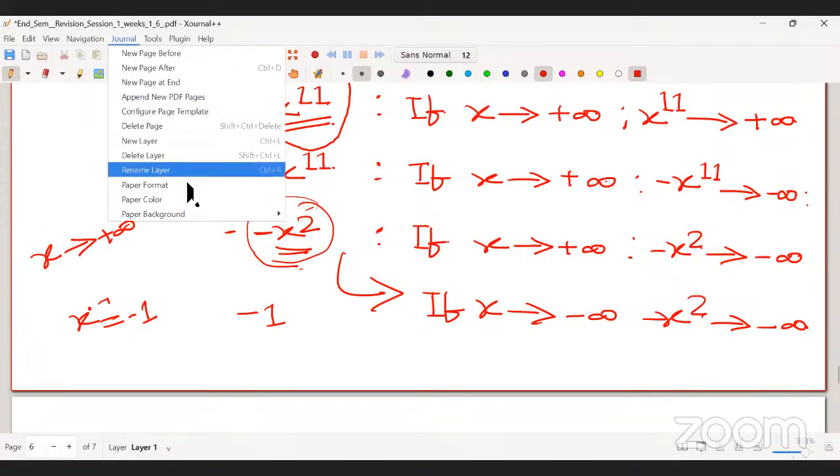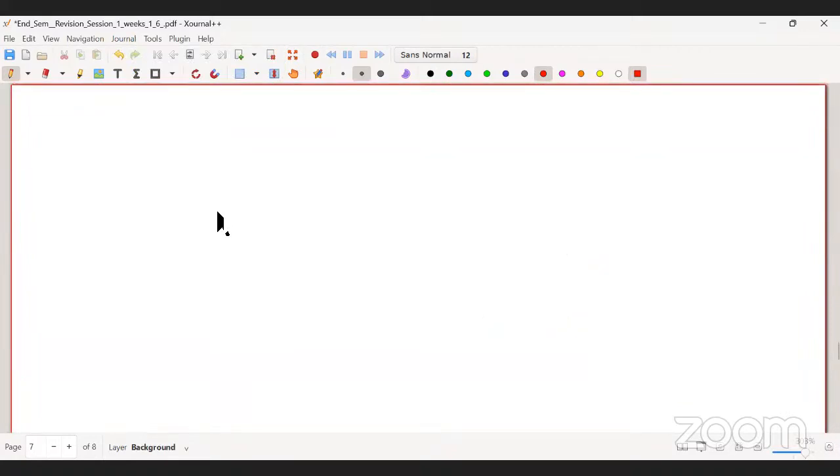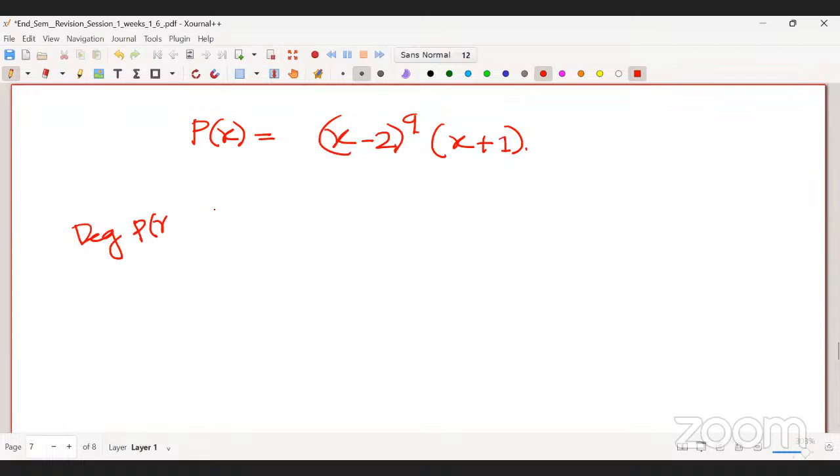For example, take this polynomial: p of x equals (x minus 2) power 9 times (x plus 1). What is the degree of this polynomial? 10. And what is the leading term of this polynomial?